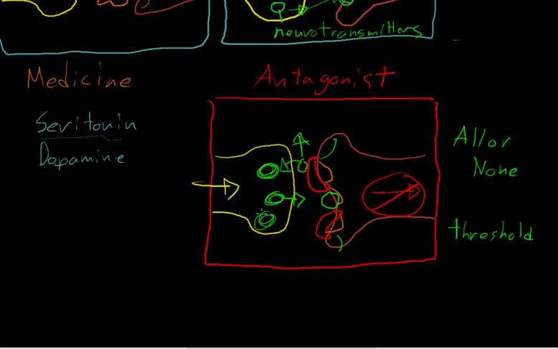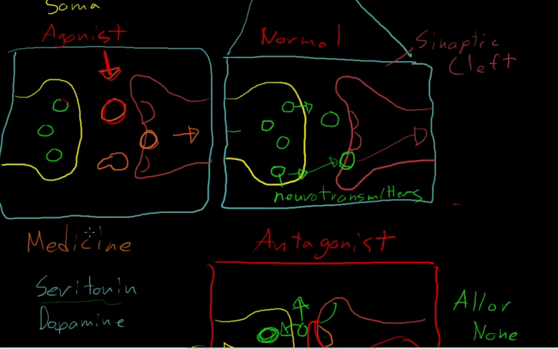They can shut down the signals, basically, at the neuron to neuron level. And then an agonist would have the same effect as the neurotransmitter. I have to rephrase this. The red particles coming in, if you take a pill that's an agonist for serotonin, it will have the same effect as if your body just made more serotonin, or more of these neurons were firing.